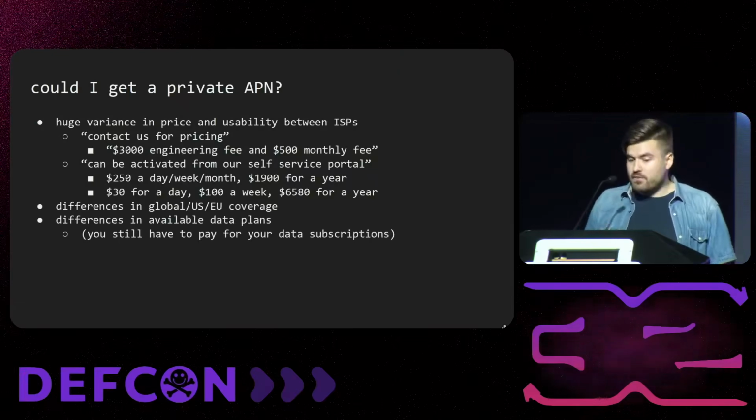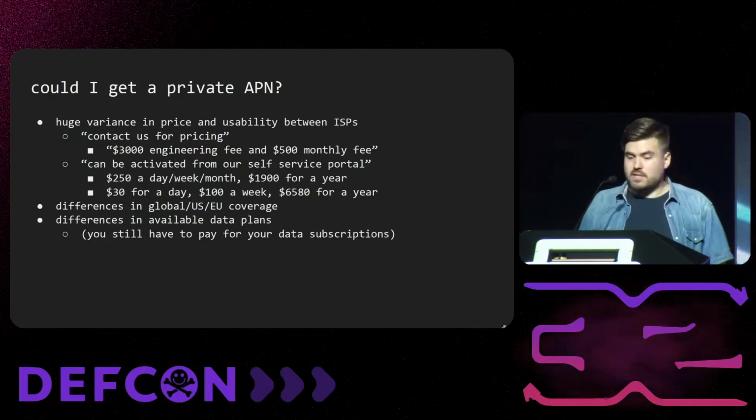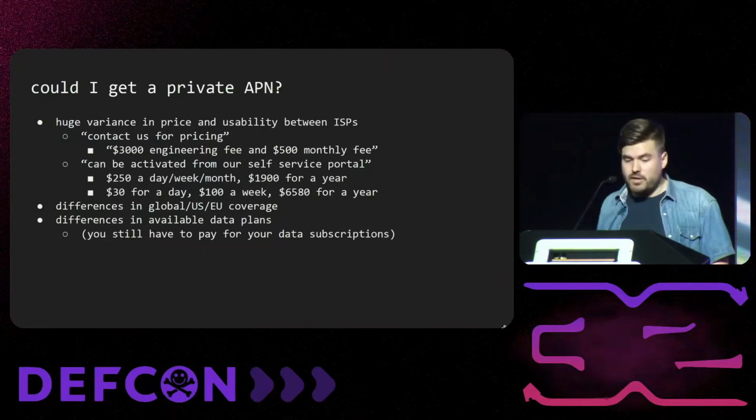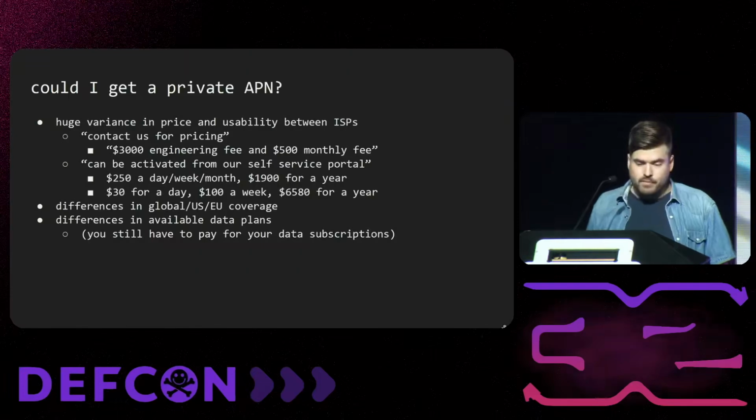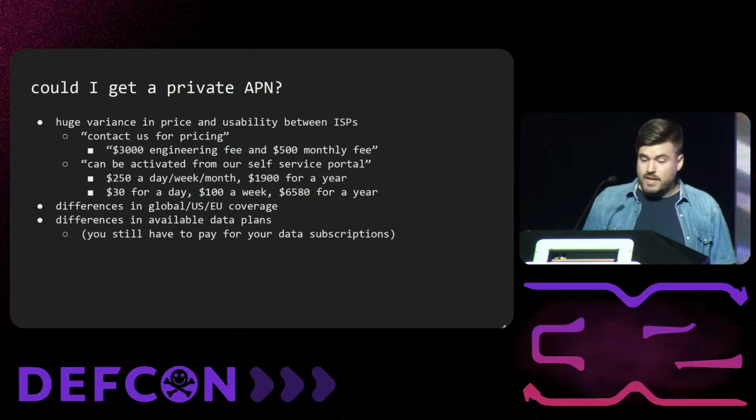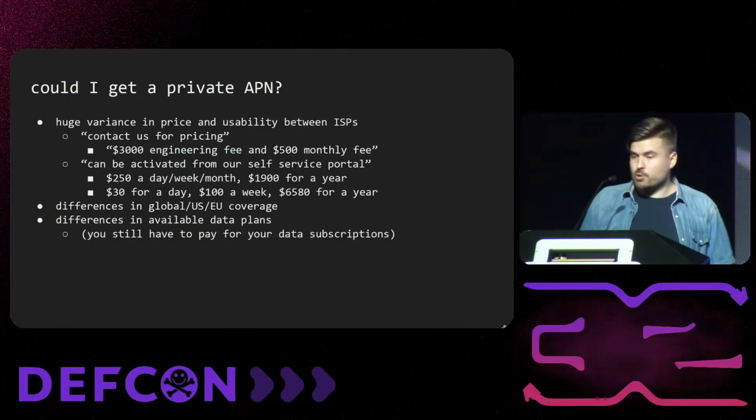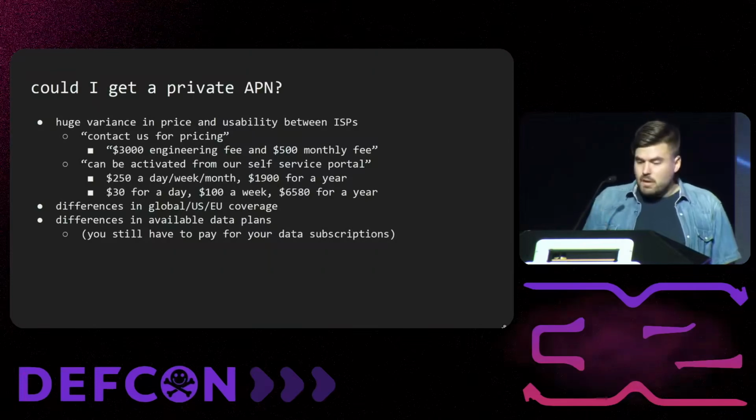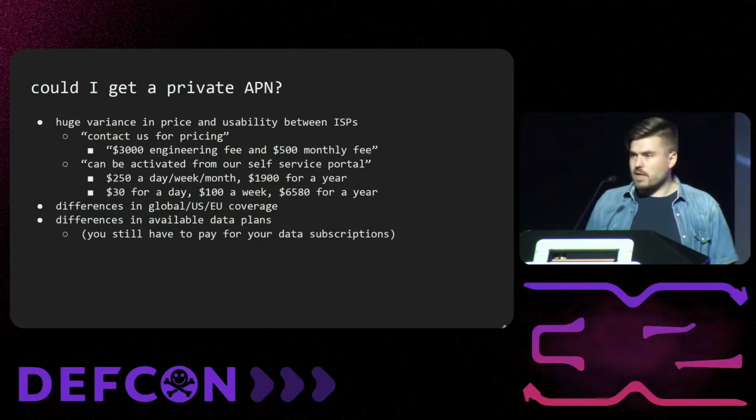There is a lot of difference in coverage. Some of them are really global and offer services in all the countries. Some are US specific, some are EU specific, and some are just inside your country. There are also differences in the available data plans. You still have to pay for your subscription even though you have the private APN, because it's a different thing. Some of the IoT oriented ISPs offer really good pricing, like you only pay $2 a year if you send 100 kilobytes of data a year.